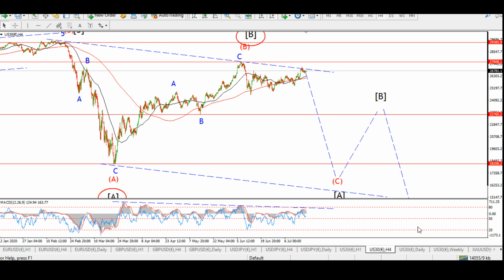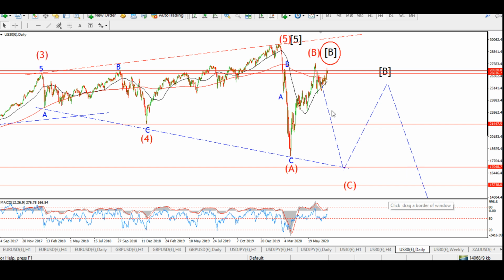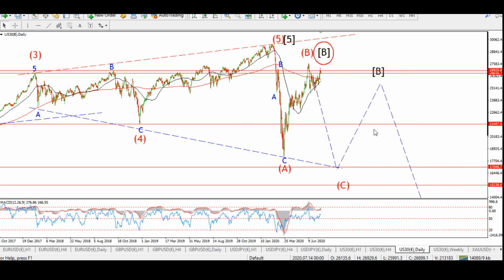We are now about to move into a horrendous long-term decline in a C wave at a larger degree. If I was to go out to the daily chart, this larger degree C wave has every chance of bringing us down towards the 10,000 level, never mind breaking that 18,000 low of March.